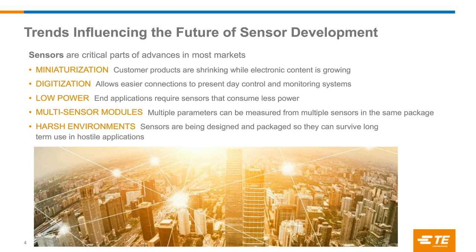And finally, harsh environments. TE Connectivity and the Sensors Business Unit pride ourselves in the ability to package our sensors in a way that they can survive in some pretty tough surroundings. We'll talk a little bit about that and what's driving that in a number of applications.